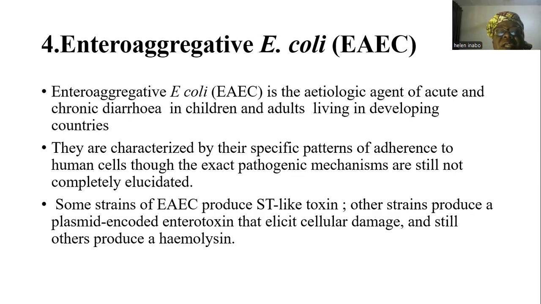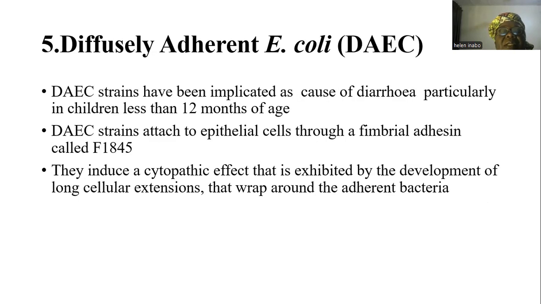Some strains of enteroaggregative E. coli produce heat-stable-like toxin. Other strains produce a plasmid-encoded enterotoxin that elicits cellular damage, and others produce hemolysin.